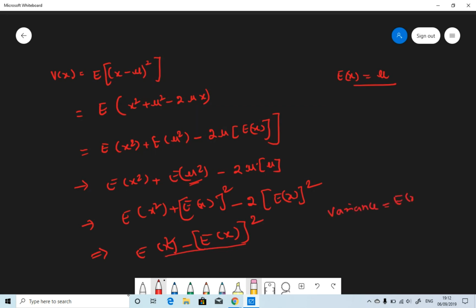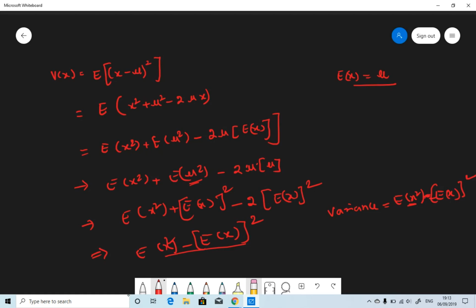E of x square minus e of x whole square. See, this is the square of the event, and this is the expected value of it. You need to square it and find the probability.